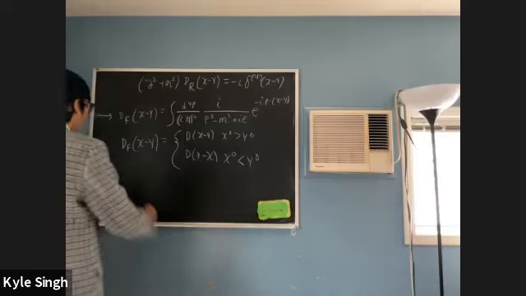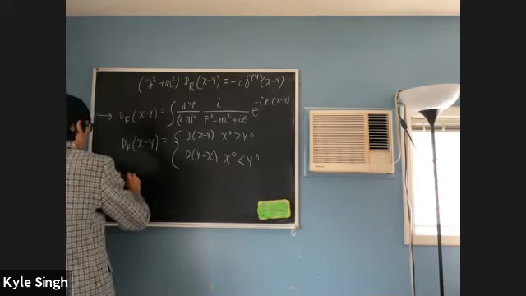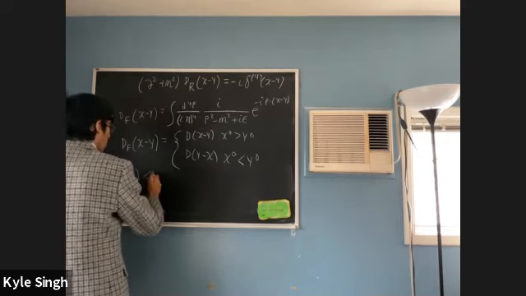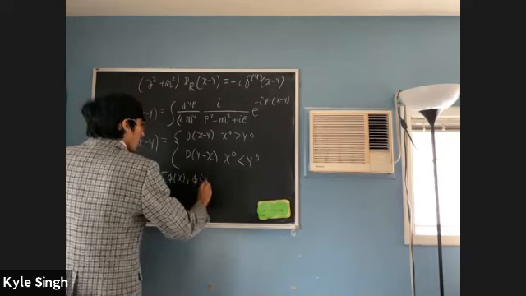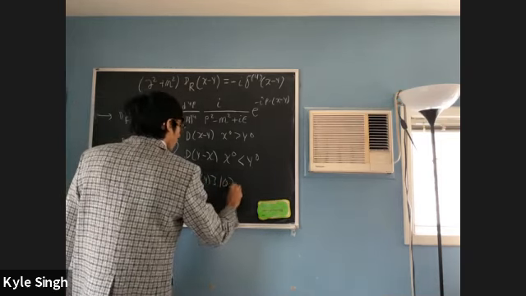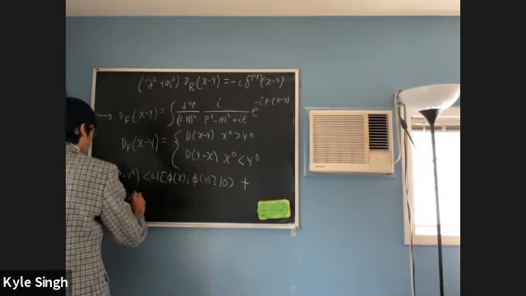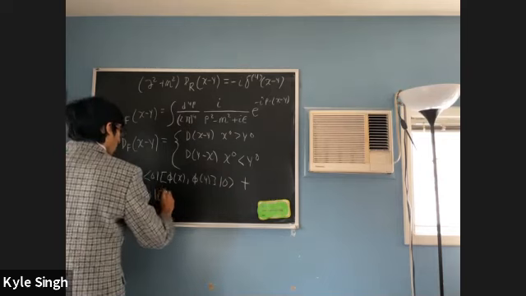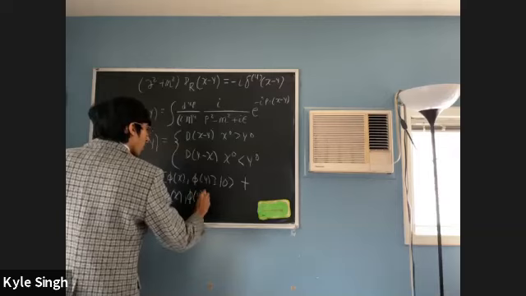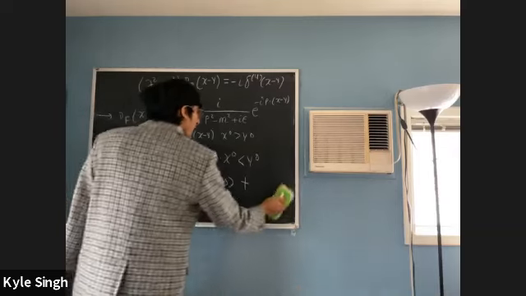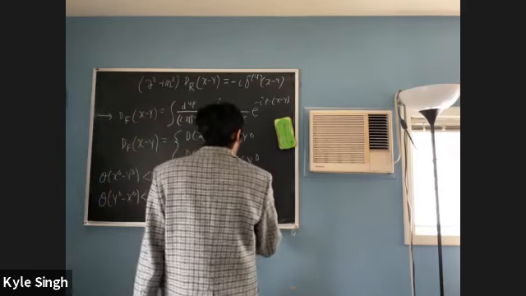Now we can write the full propagator in this way. Theta(x0 minus y0) times our usual guy, phi(x) phi(y), plus theta(y0 minus x0) times our usual guy again, phi(y) phi(x). And now, instead of writing all of this, I can rewrite this guy in this way.